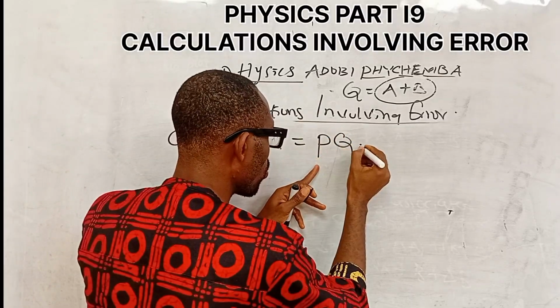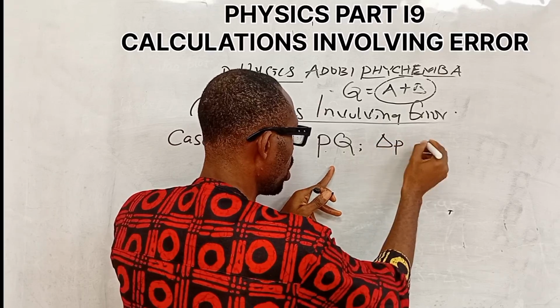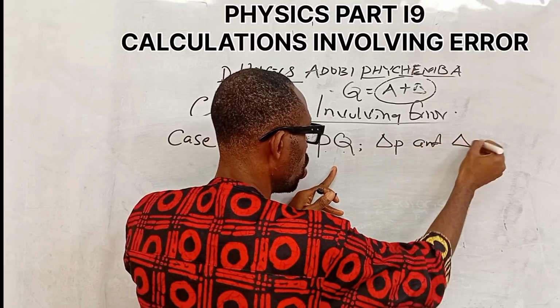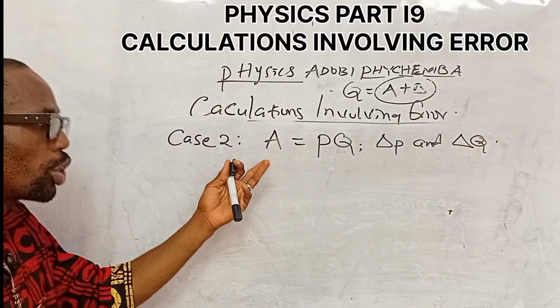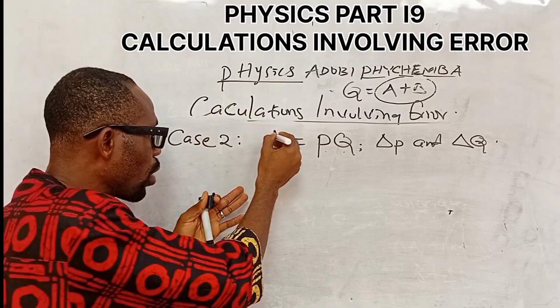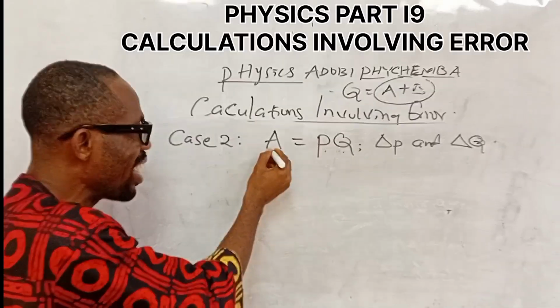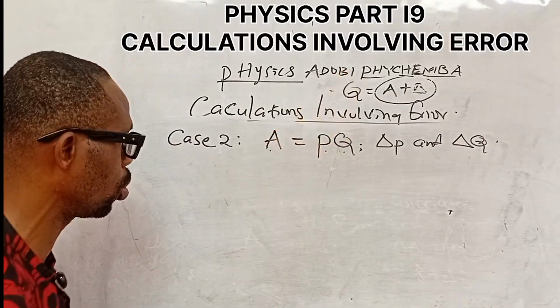If the error associated with P and Q is change in P and change in Q, how do we get the errors associated with change in P and Q in relation to A, just like we did for Q?